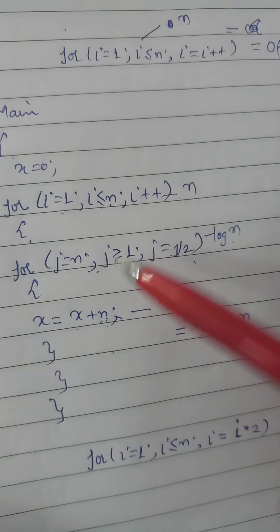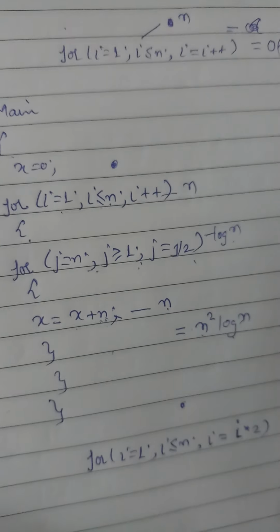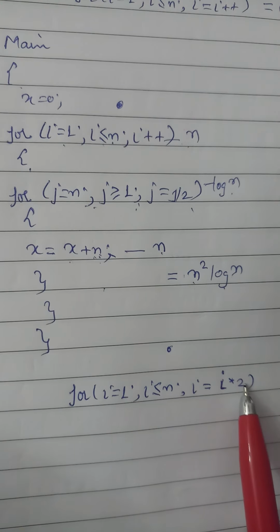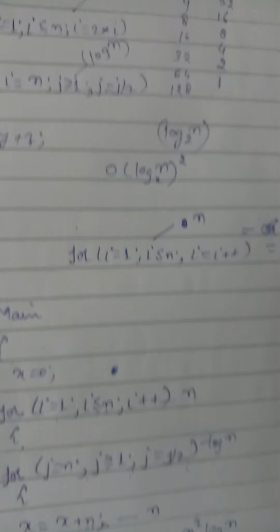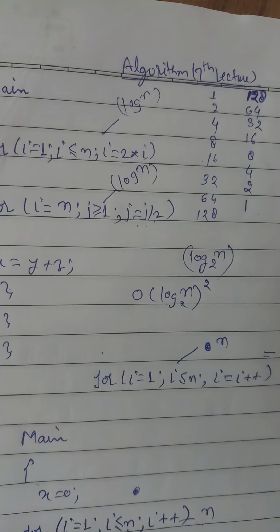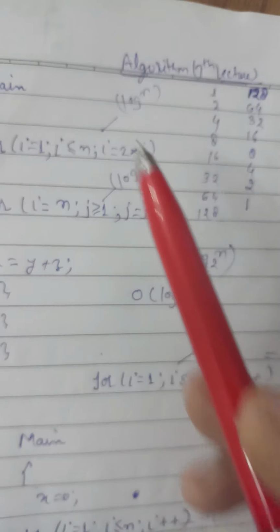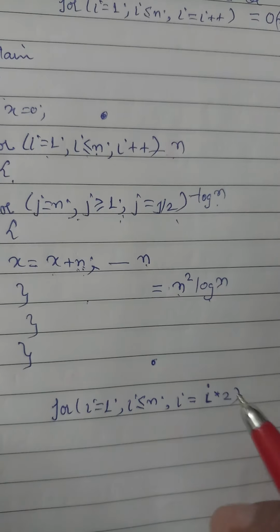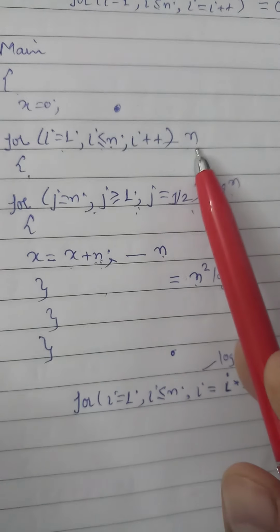In the same program, if we change this for loop from this to this, from i equals 1, i less than n, i equals i into 2, then what will the time complexity be? As we have seen, i into 2 or 2 into i is the same thing. So from here we can see the time complexity for this for loop is log n.